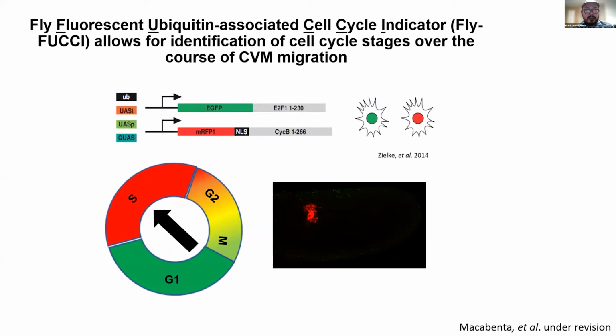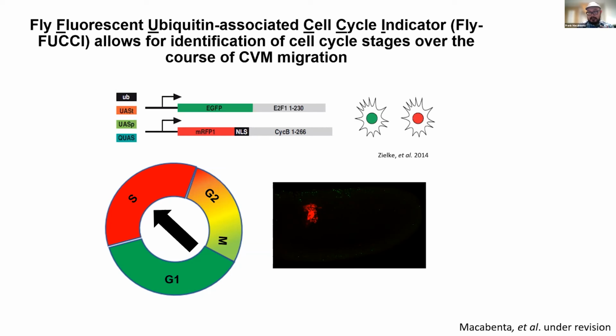Now, Fucci takes advantage of this property of cell cycle proteins, where each protein is degraded in a ubiquitin-dependent manner prior to the onset of the next cycle of the cell cycle, which allows for this unidirectional nature of the cell cycle. And in this case, we have the degrons of the E2F1 transcription factor and cyclin B conjugated to GFP and mRFP.